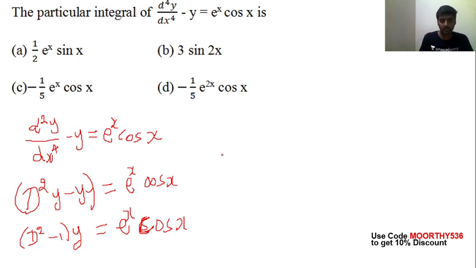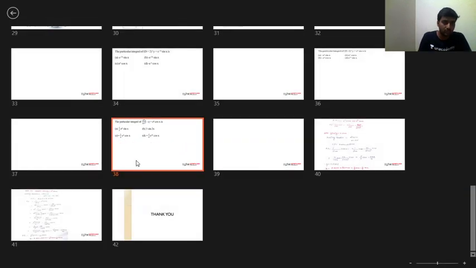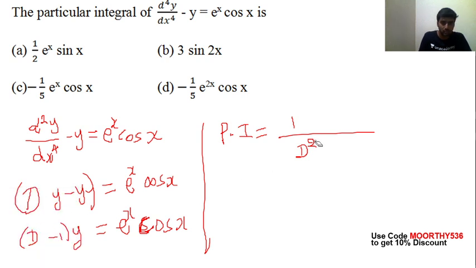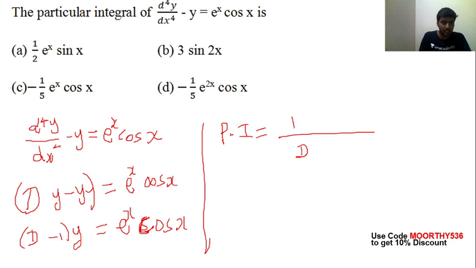As per discussion, the particular integral PI is equal to 1 divided by f of D, that is 1 divided by (D power 4 minus 1) into e power x into cos x.